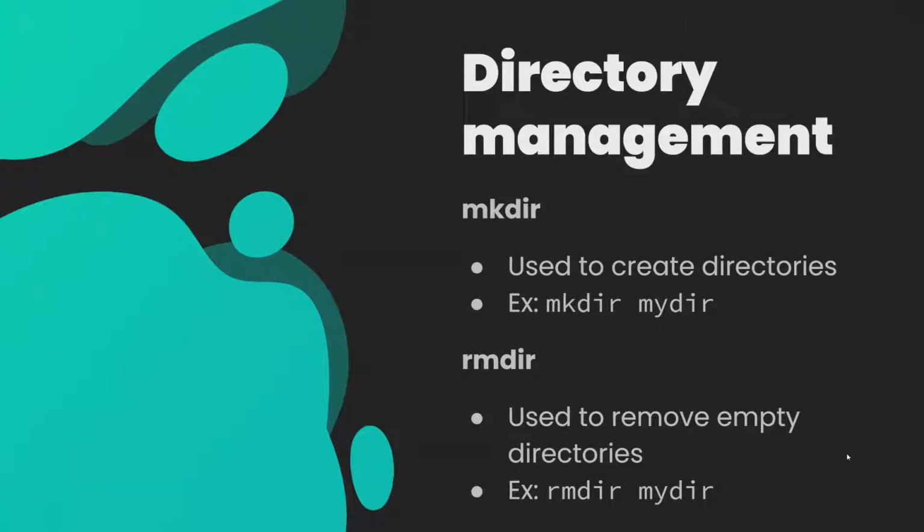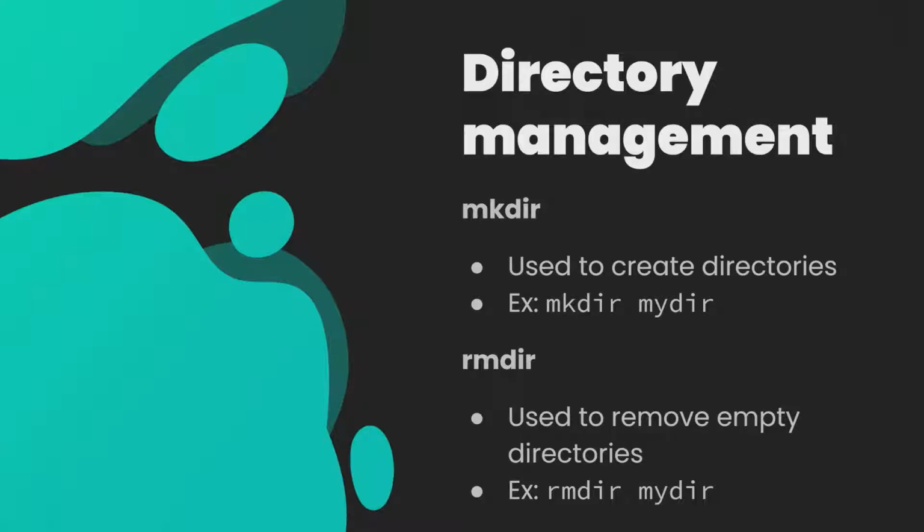And there's two more commands here, directory management: mkdir and rmdir. So these are pretty self-explanatory. mkdir means make directory. It's used to create directories. So for example, in the terminal, if you wanted to create a directory called mydir, you can type in mkdir space and then mydir.